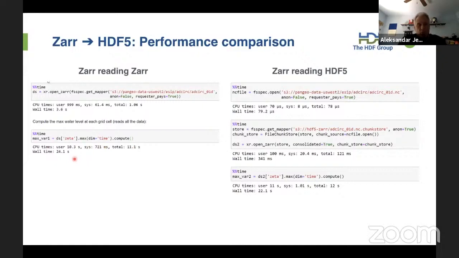For Zarr reading an HDF5 file, we had a version of this dataset also produced as a NetCDF4 file. Zarr reading that NetCDF4 file and going for the same data using a Dask cluster, with everything else the same, produced about 22 seconds. So it was very comparable, and the numbers stayed the same over a number of rounds.